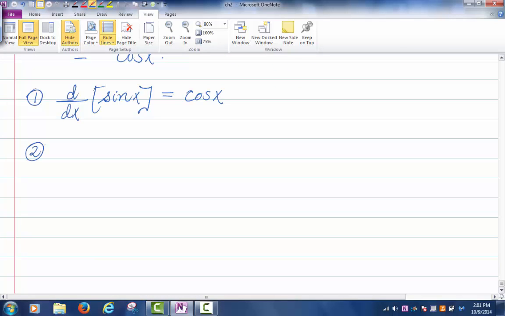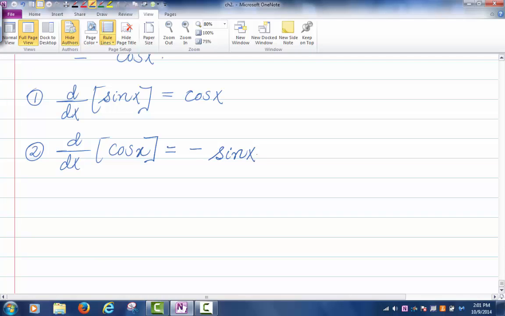Number 2, I am not going to compute the derivative, but you can compute it in a similar way. What's the derivative with respect to x of cosine x? It is negative sine x.